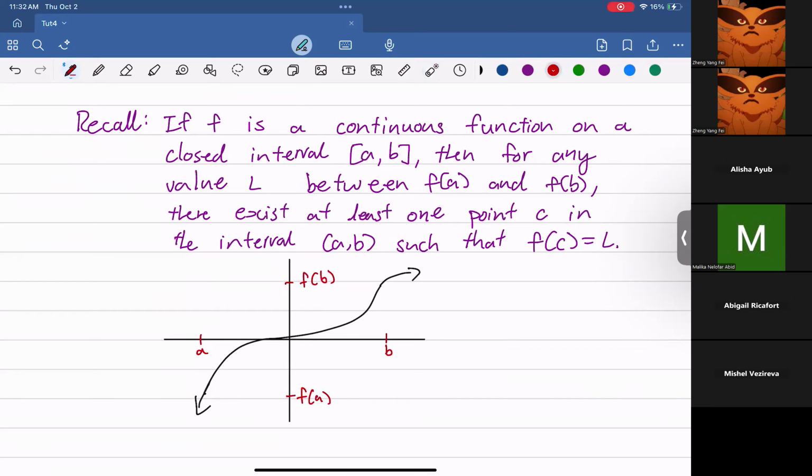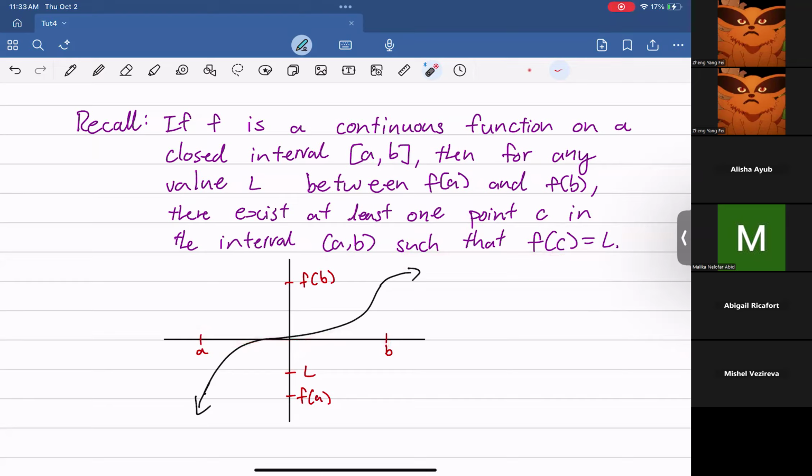I'll just pick a random point, say here, equal to L. So for L between f of A and f of B, there exists at least one point C in the interval from A to B, such that f of C gives me this L.